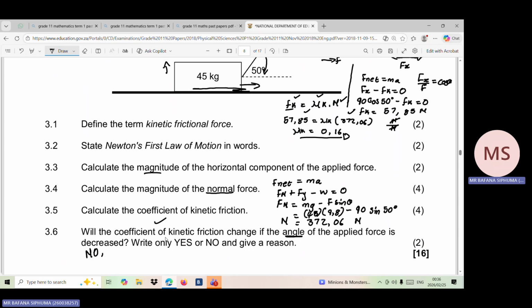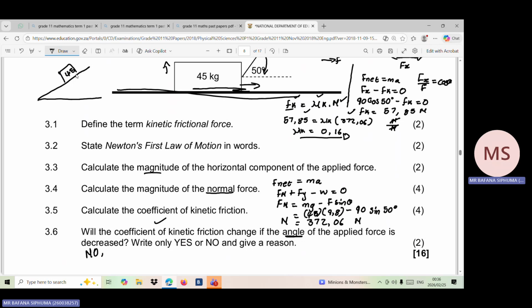So, coefficient of kinetic friction is a constant value that depends on the type of surface. As long as it is still moving on the same surface, the coefficient of kinetic friction will remain the same. The only place that it will change, let's assume there was an incline, it was going up an incline.